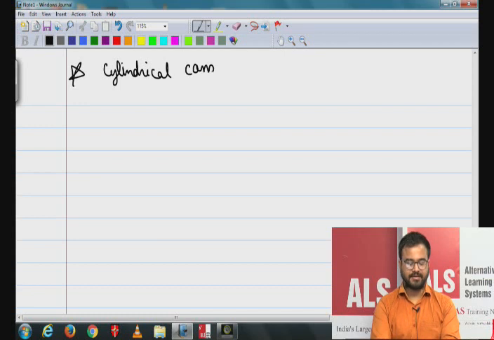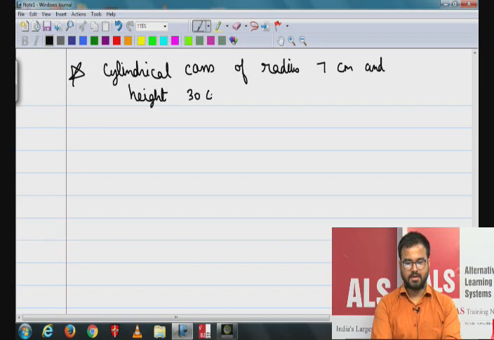Cylindrical cans are there, of radius 7 centimeter and height 30 centimeter.